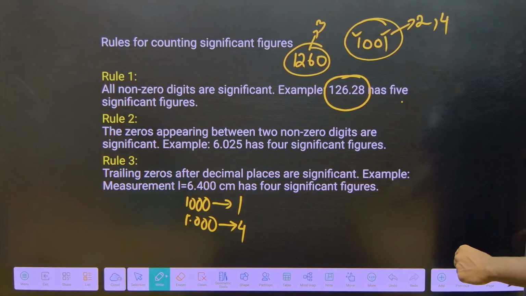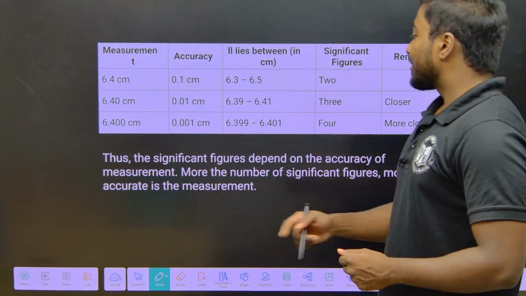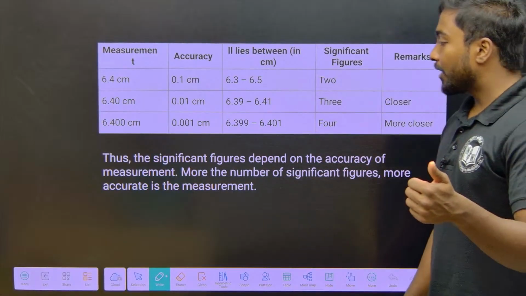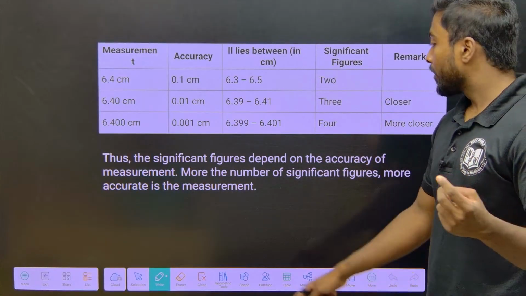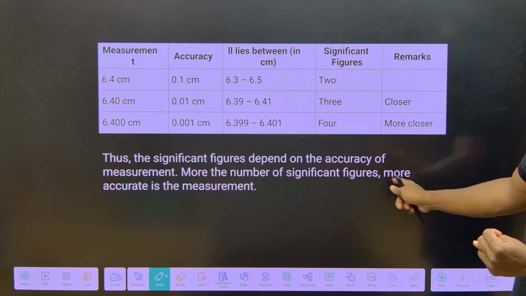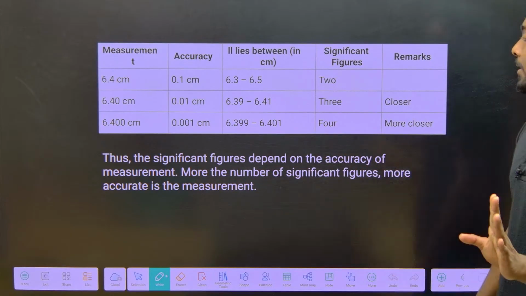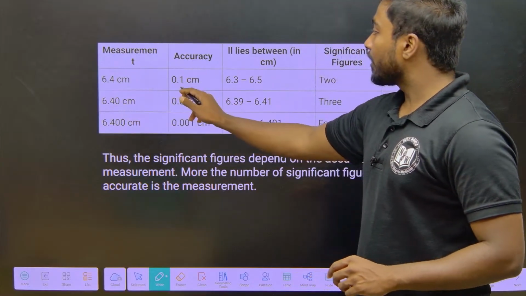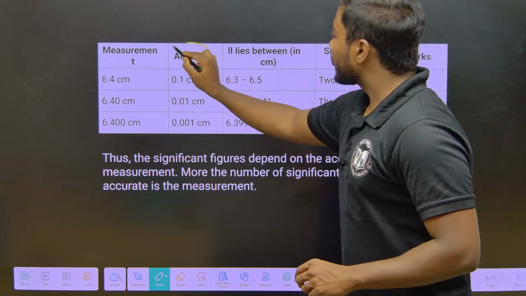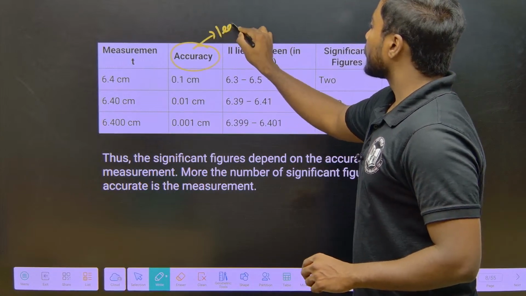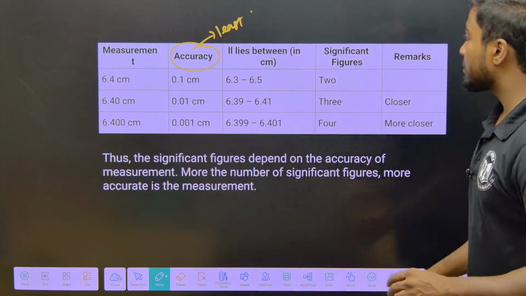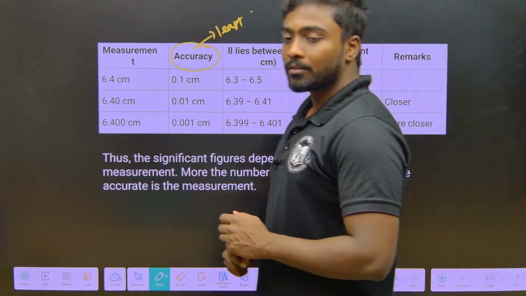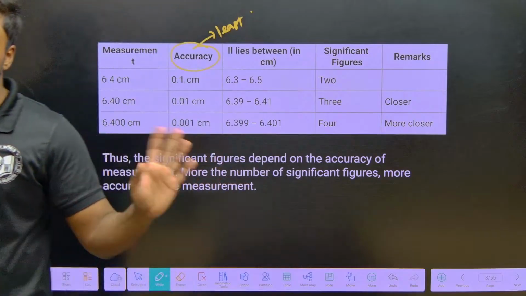No, right? So now, the significant figures depend on the accuracy of a measurement. The more significant figures, the more accurate the measurement. Suppose I take the measurement 6.4 centimeter, accuracy is 0.1. Accuracy is nothing but least count. So the number lies between 6.3 and 6.5.